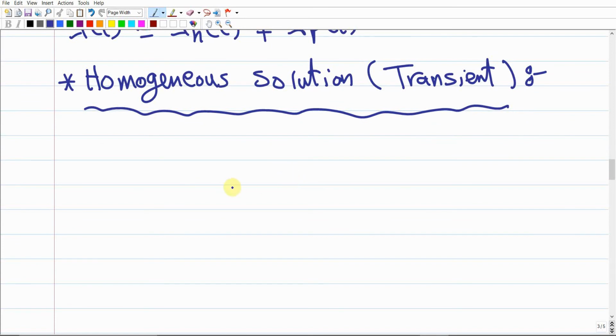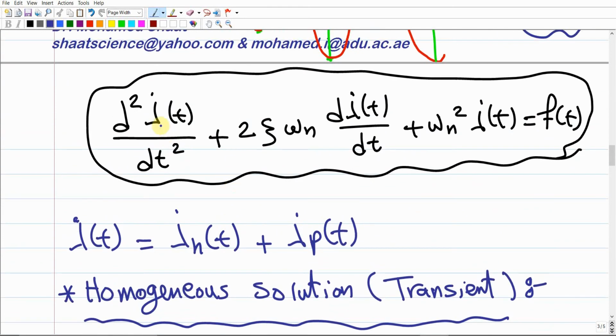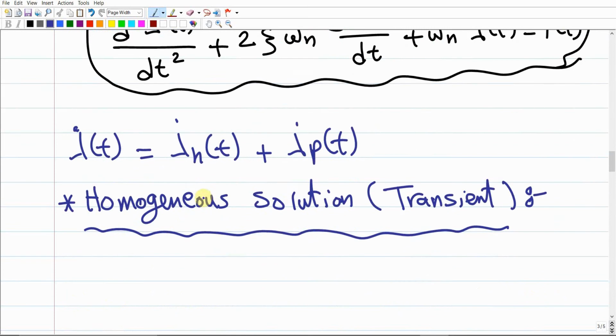So the homogeneous solution can be simply obtained by plugging i as i_h into this equation and canceling the right hand side, just putting the right hand side equal to 0.